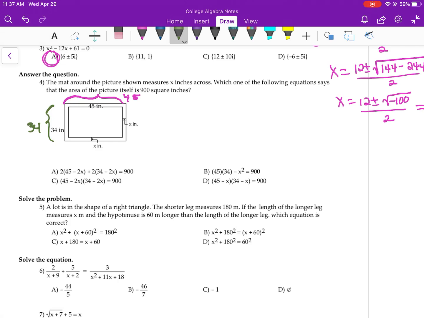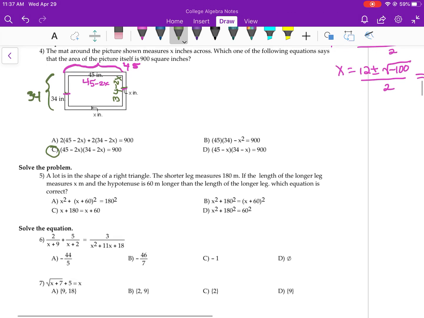So basically you've got 45 on the outside, but you're taking off X here and X here. So 45 minus 2X would describe this inner length, and going this way would be 34 minus 2X. The only one that shows that for area is C, and we're moving on to number 5.